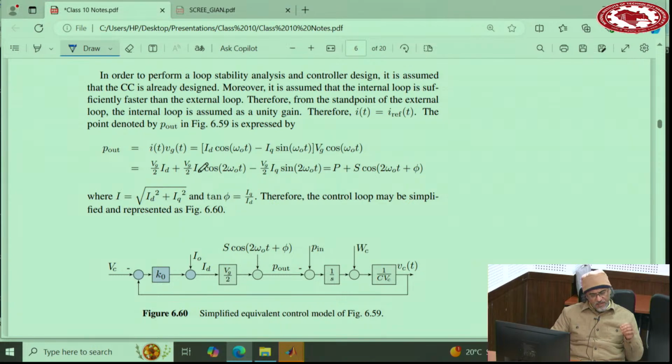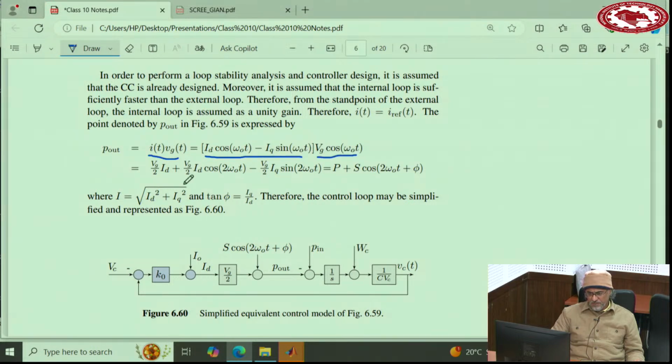Now, in terms of analysis, a little bit more into detail, this diagram also gives a lot of insight into what's happening in this system. Really, if you look at that linear time varying term that I said causes an analytical problem, if you look at I into Vg, I has two components, direct and quadrature, and voltage is only direct.